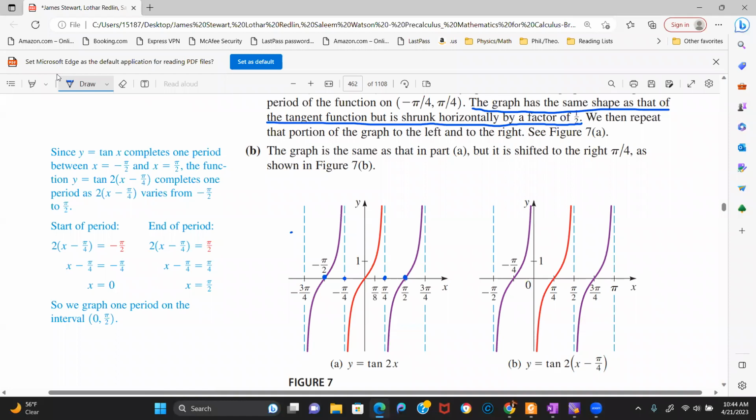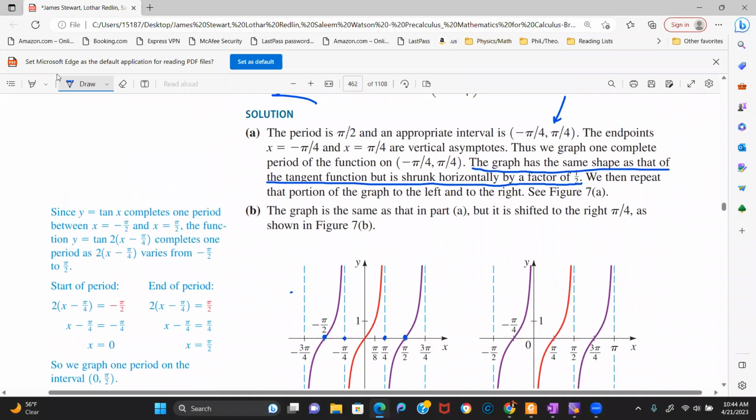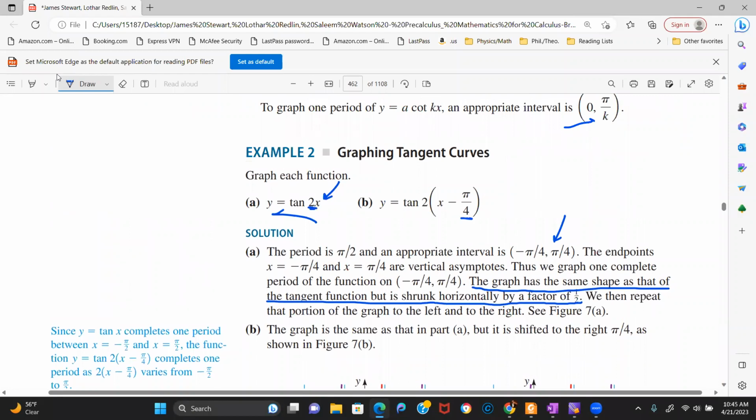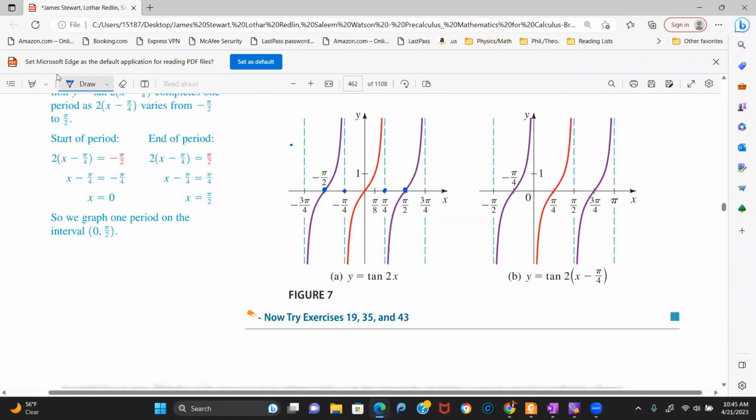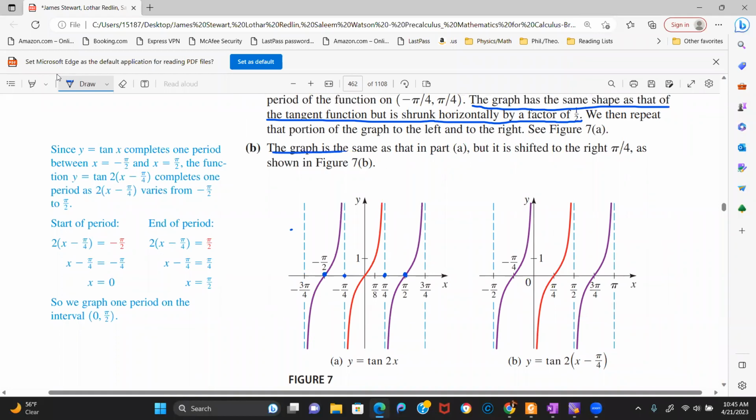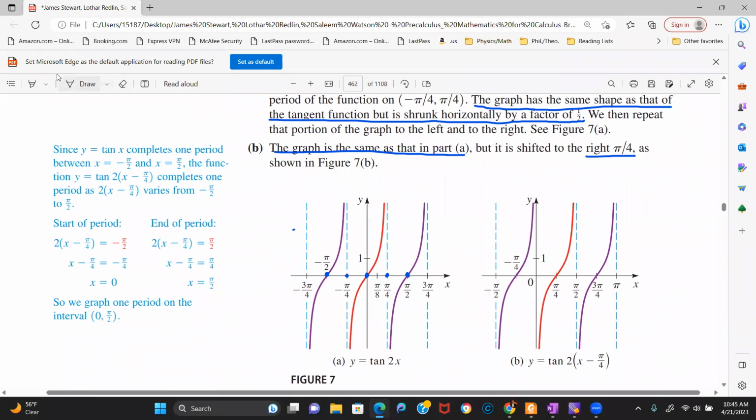For this other one, notice the graph is just shifted by pi over 4. As it says, the graph is the same as in part A, but you shift to the right pi over 4 units. To figure out how a horizontal shift works, remember you're subtracting the pi over 4 from the x value, and that means shift to the right.